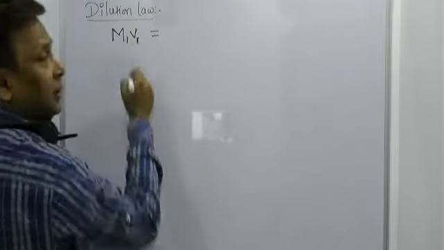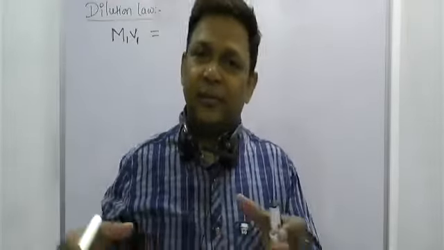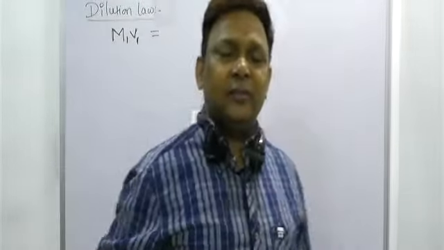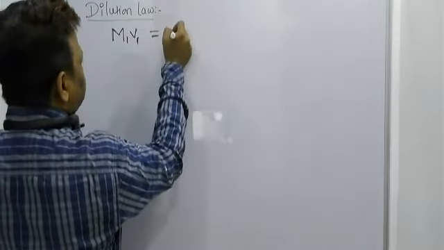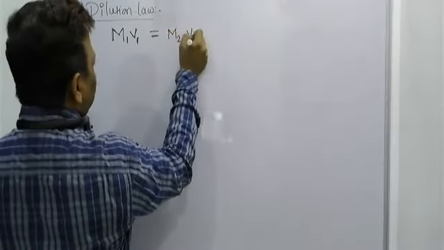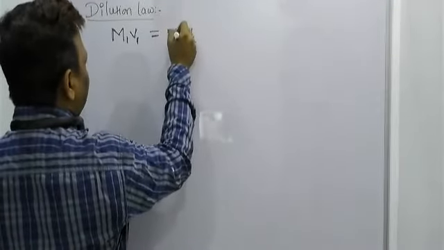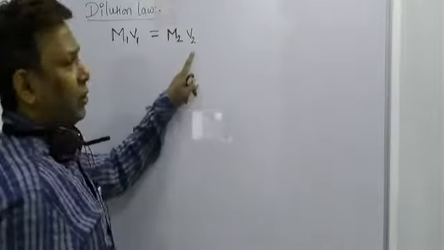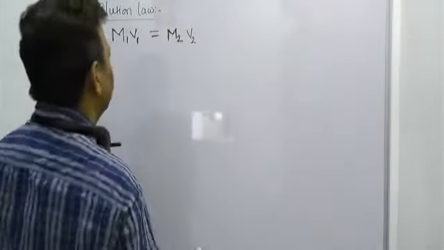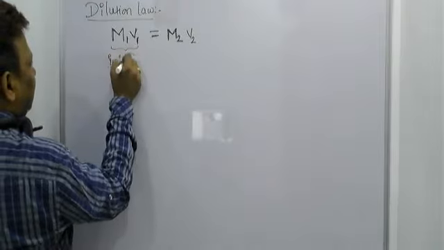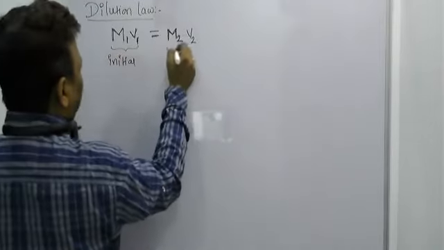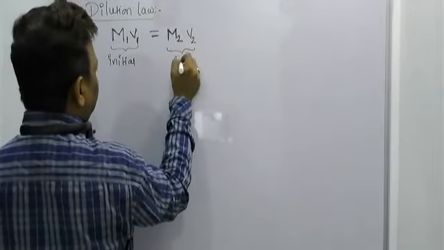So remember what is meant by dilution, beta: when we pour water, add water, that is called dilution. Due to that, the concentration changes. What is the concentration? That is the new molarity. By adding some water, we get a total volume here. So M1V1 is the initial and M2V2 is the final.